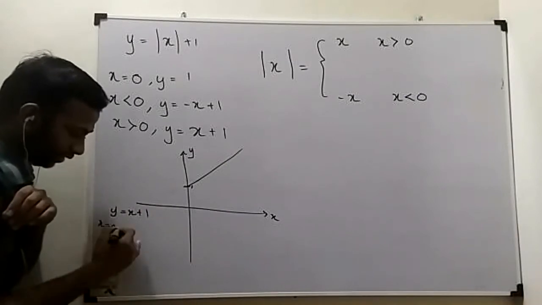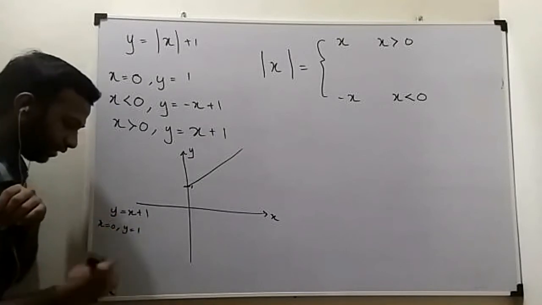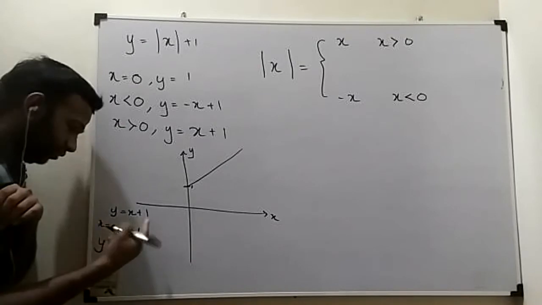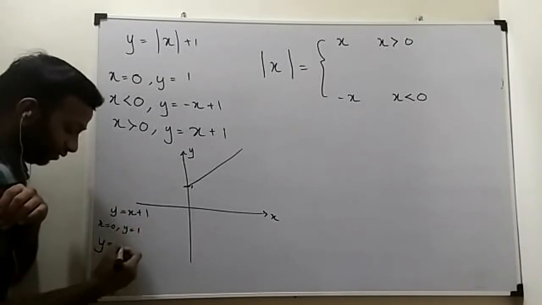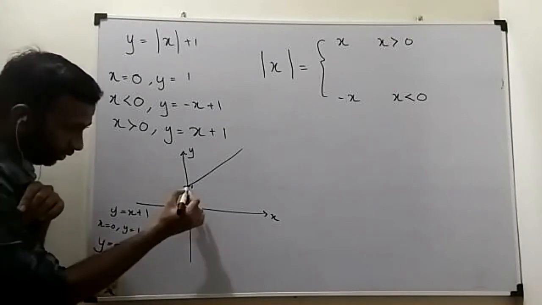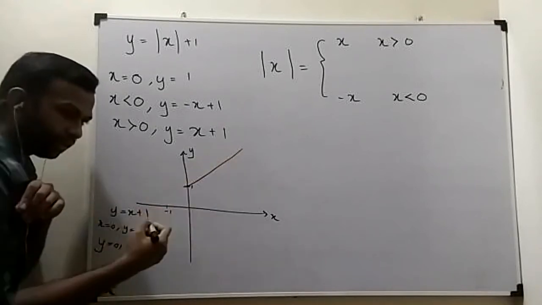When x is equal to 0, y is equal to 1. Then you make y equal to 0. When y is equal to 0, x is equal to minus 1, right? So when x is equal to 0 is this point, and when y is equal to 0, x is minus 1, and then you just join these two points and you get the straight line.